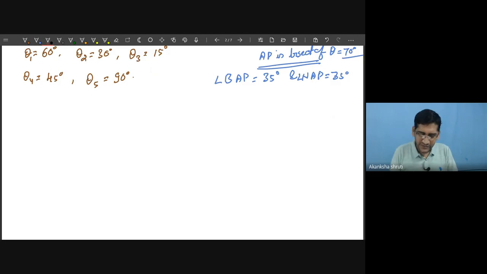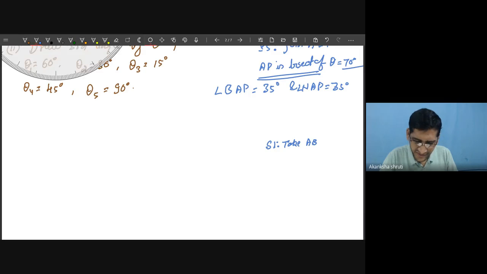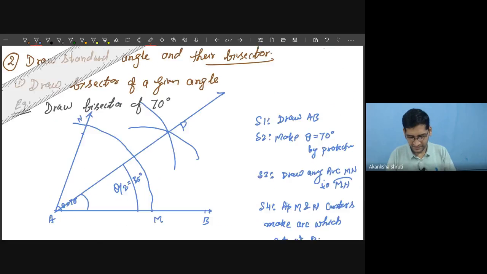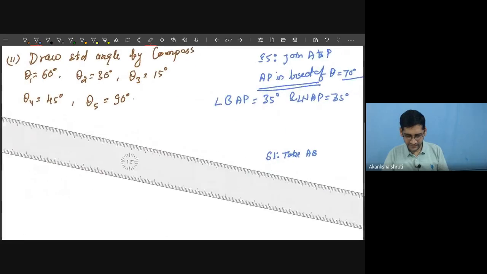So for this, first we have to draw the angle. So just take a ray. The step number 1 in this case is to take ray AB. Any length, you are free to take a ray AB.